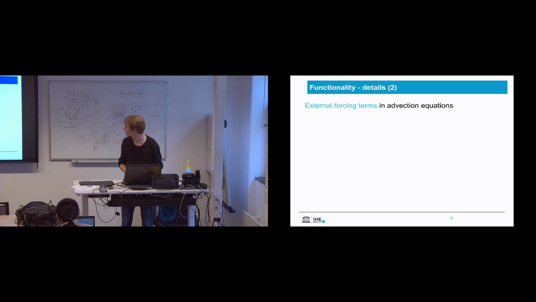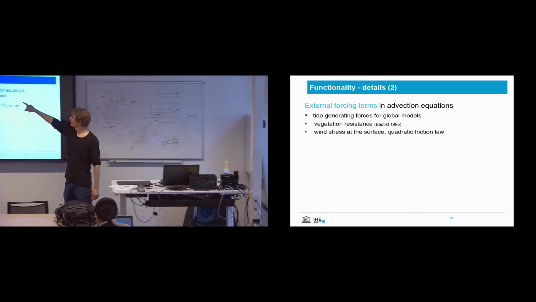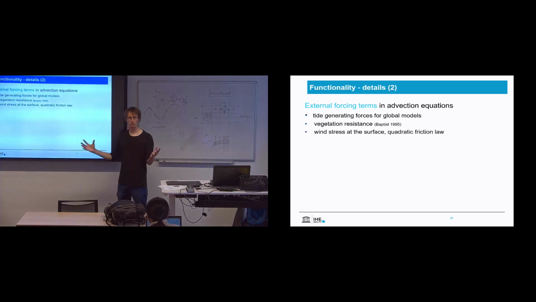So what can this external forcing be? Like I said, we have tide generating forces. For example, there is a flexible mesh model that covers the entire world. It's called the GTSM, Global Tide and Surge Model. And that is forced typically by astronomical forces. So that generates its own tides based on these known tide generating forces.